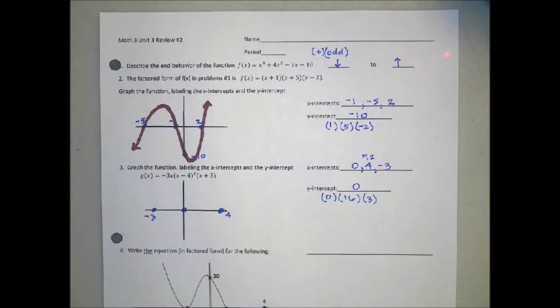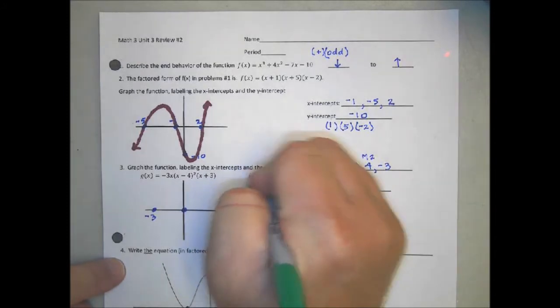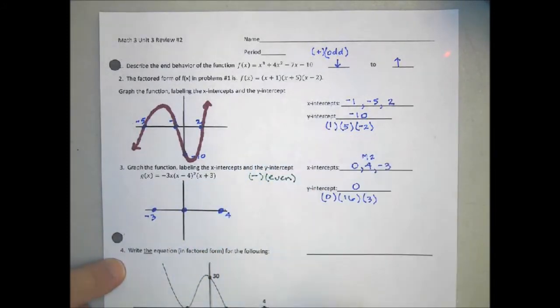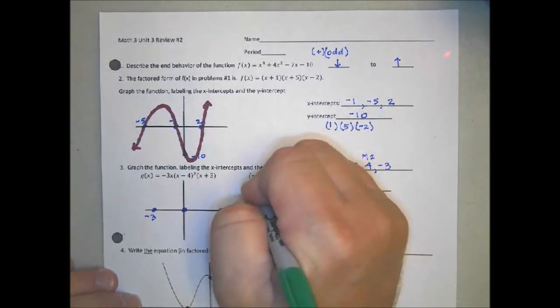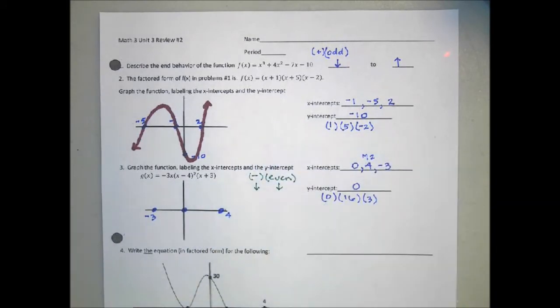That would be x to the 4th. Okay. And it's negative, so negative and even means low to low. Start low and end low. So that's what that graph should do when we're done with it.